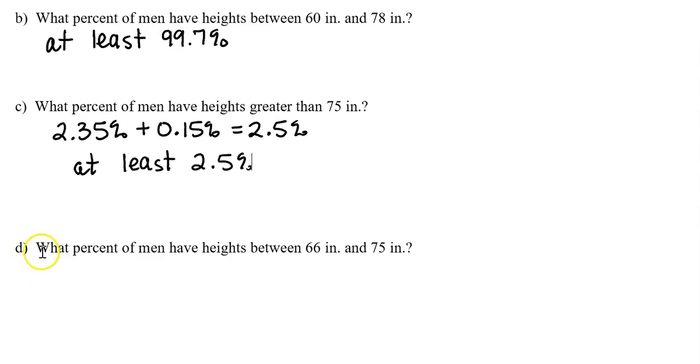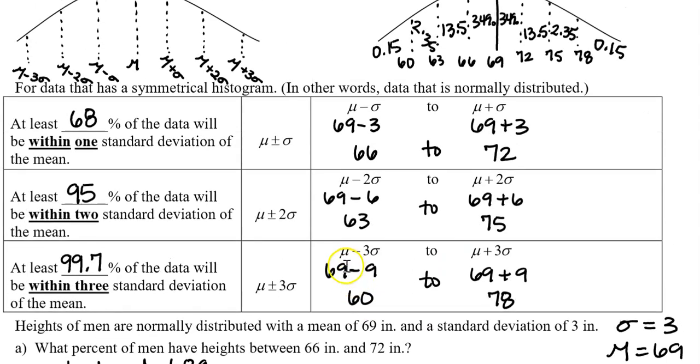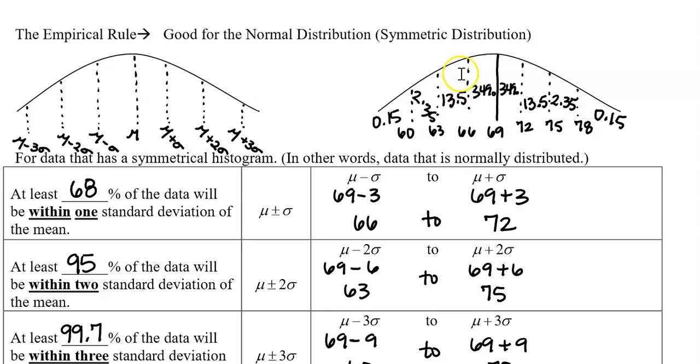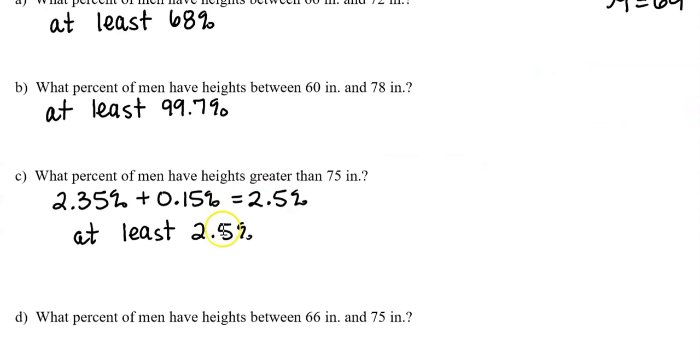Question D reads, what percent of men have heights between 66 inches and 75 inches? So going back up and looking here, we're looking for everything between 66 and 75. So there is our 66, everything to the right of this, but everything to the left of 75. So we will be adding up 34%, 34%, and 13.5% to get our answer for that question.